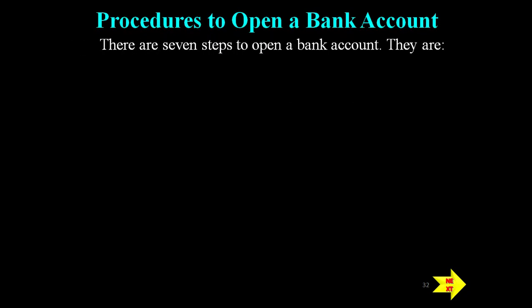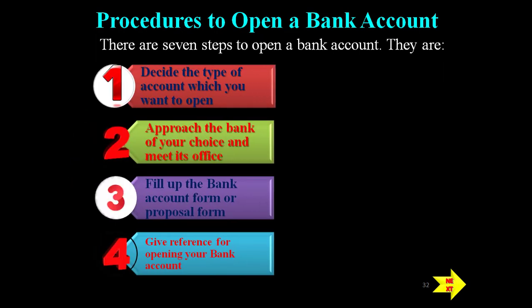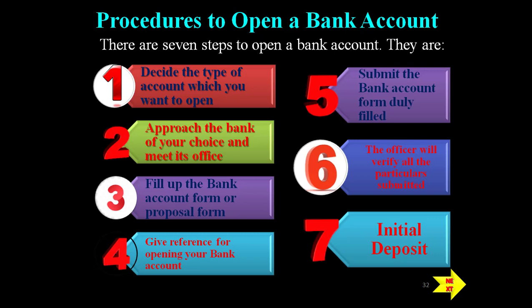There are 7 steps to open a bank account. First, decide the type of account which you want to open. Next, approach the bank of your choice and meet its office. Then, fill up the bank account form or proposal form.